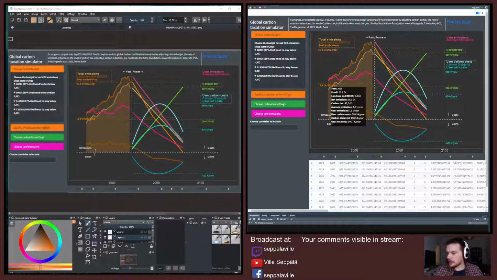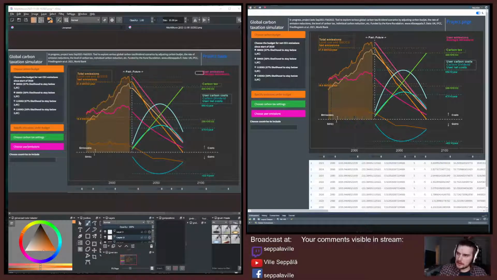So I think the graph type that we currently have is a little bit too confusing. Having these multiple different scales, and we have different maximum levels.